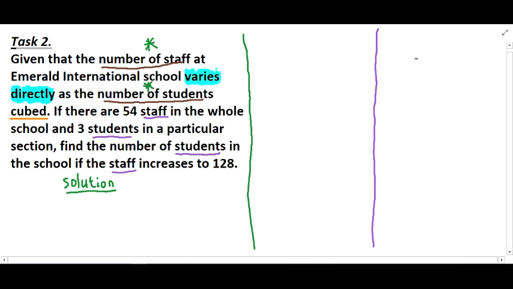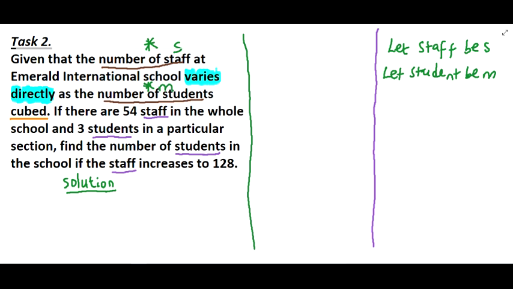So let staff be S, and let students be M. So my staff is S, and student is M. Okay, so let's go ahead and start to solve. Hope this is not confusing you in any way. So we say that staff varies directly as M, because M is students. Hope this is making sense to you.